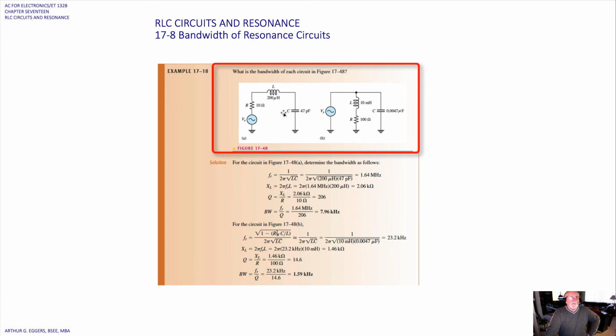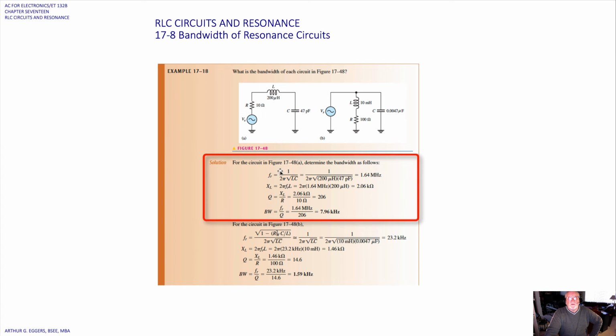In this example, what is the bandwidth for each circuit? So we've got two circuits, A and B. A is a simple series RLC. B is a series parallel. In this case, we're going to go through and calculate the center frequency. The center frequency, or the resonant frequency, 1 over 2 pi the square root of LC, gives us 1.6 megahertz.